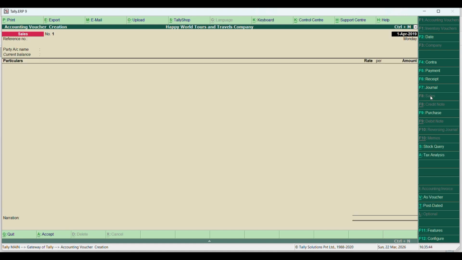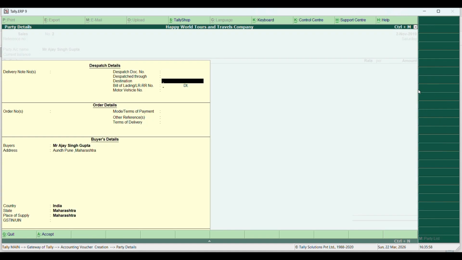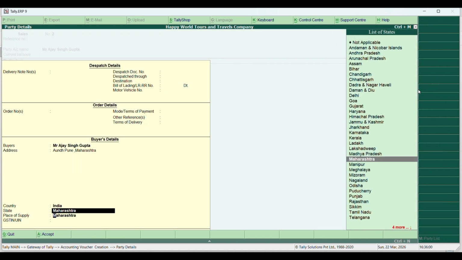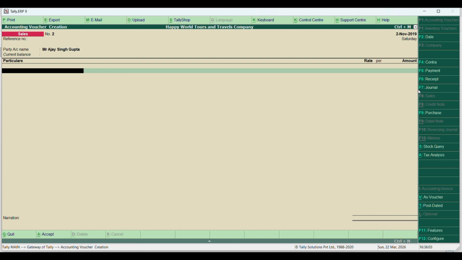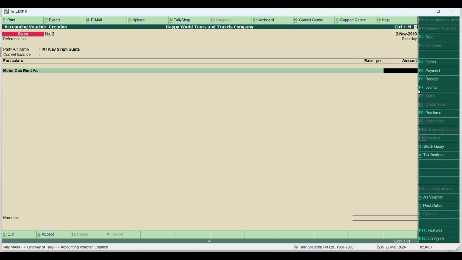Now in the sales voucher, what we are going to do, change the date, that is 2nd November 2019. Come under the party's name, Mr. Ajay Singh Gupta. Rest all details are same. Here we are going to write motor cab rent, that is 15,000.